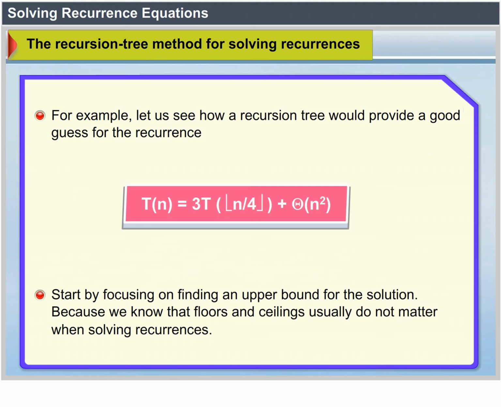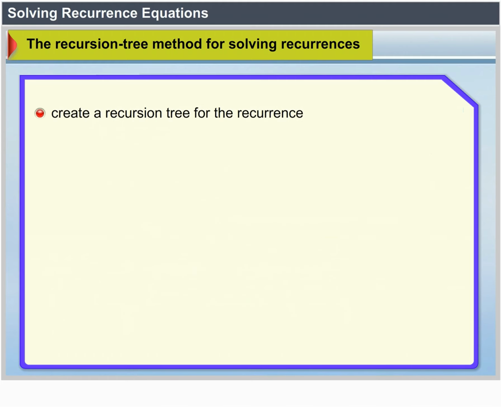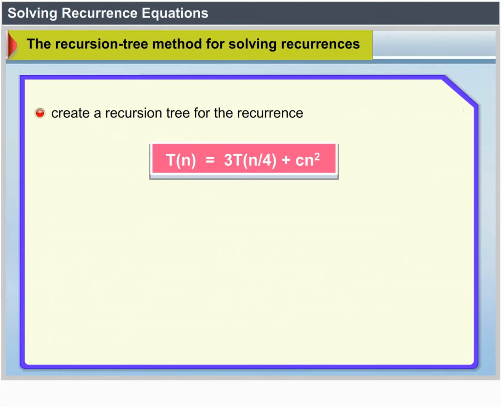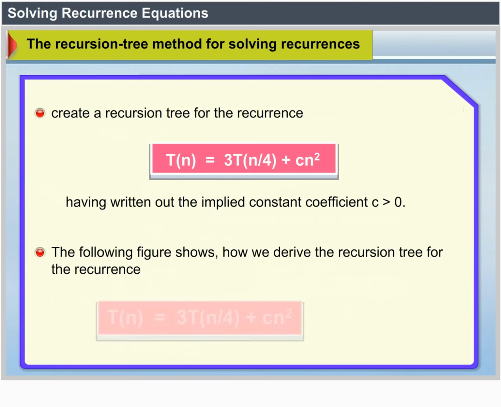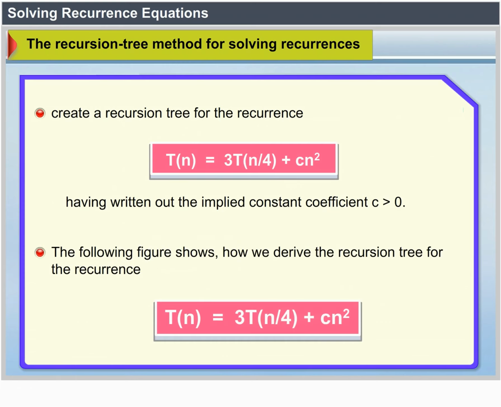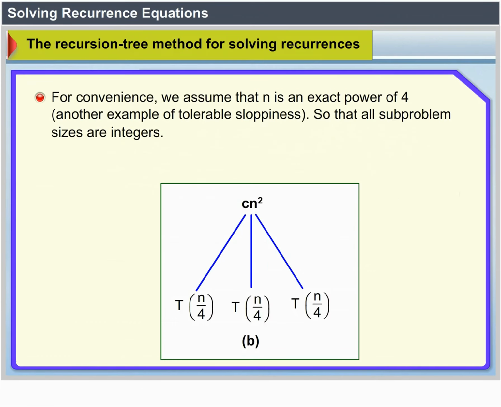Create a recursion tree for the recurrence T(n) = 3T(n/4) + cn^2, having written out the implied constant coefficient c > 0. The following figure shows how we derive the recursion tree for this recurrence. For convenience, we assume that n is an exact power of 4, another example of tolerable sloppiness, so that all subproblem sizes are integers.